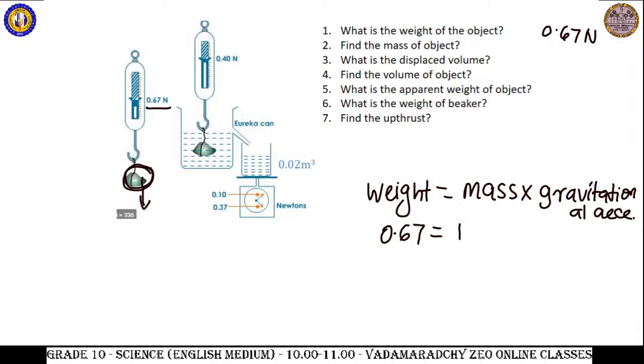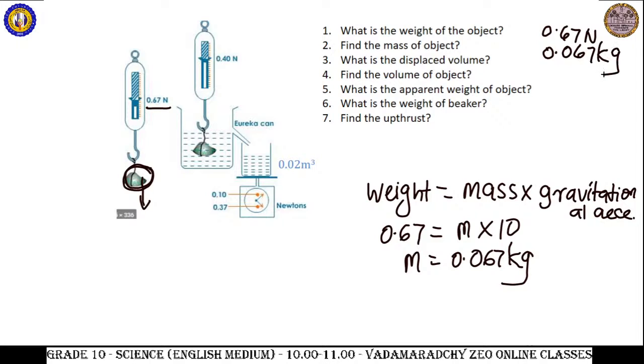Mass is unknown, so M into G, where G is 10. So M becomes 0.067 kilogram. Okay. The mass of the object is equal to 0.067 kilogram. Third question, what is the displaced volume of water?